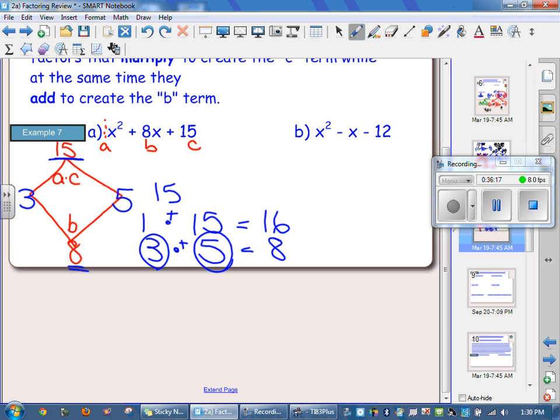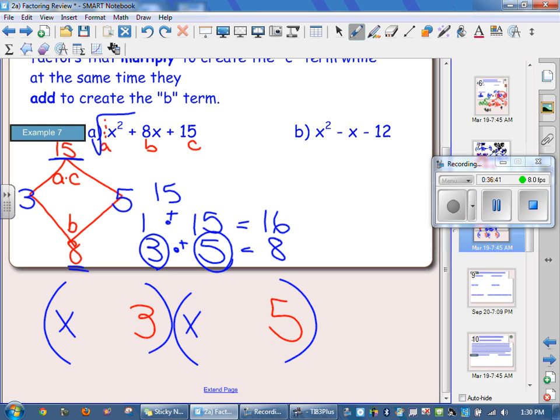So, two brackets, we square root x squared, we get x and x. Now we look at our diamond. The numbers on the wings of the diamond are the numbers on the ends of each bracket. So I have a 3 here, a 5 here. Does it matter the order they go in? No. They're both positive, so you put a positive in the middle. That is your final answer.